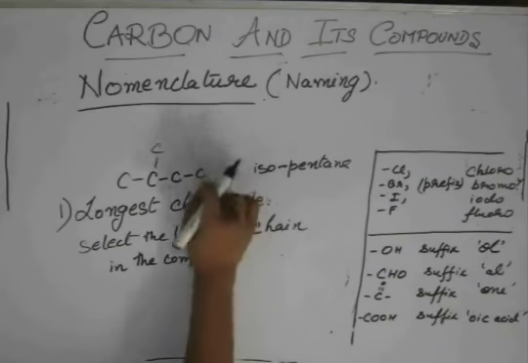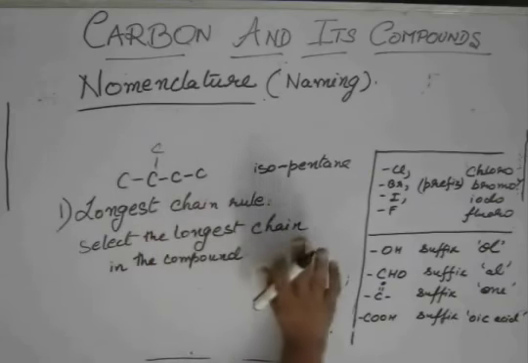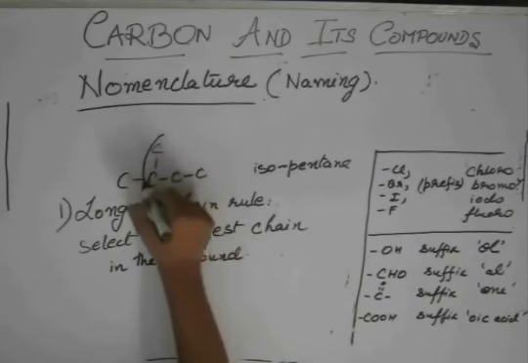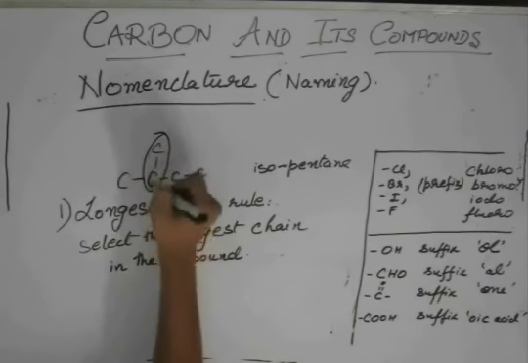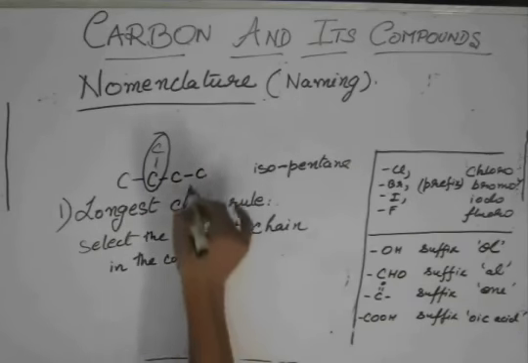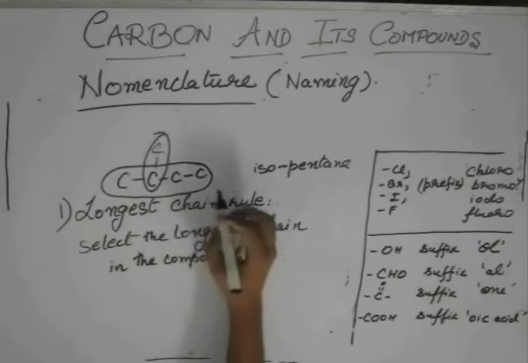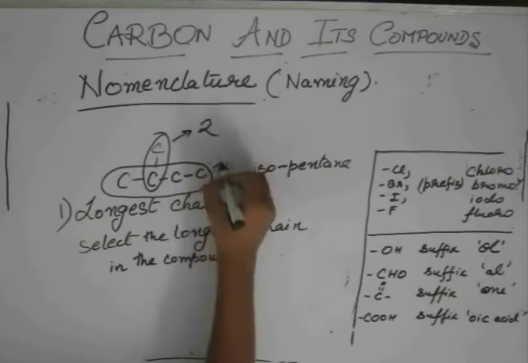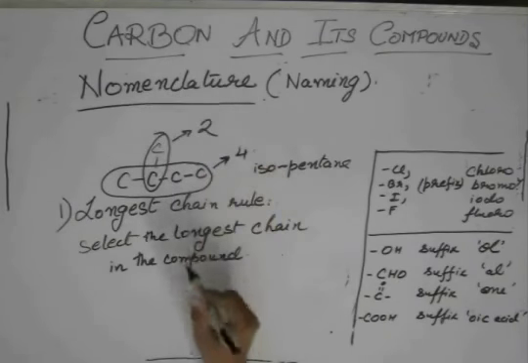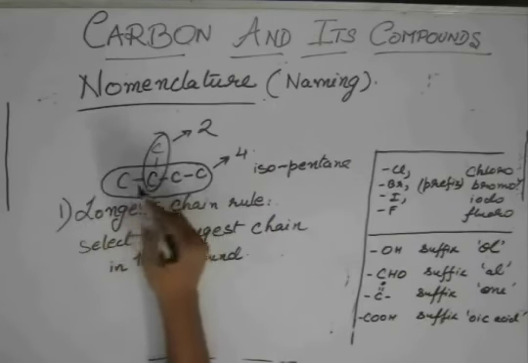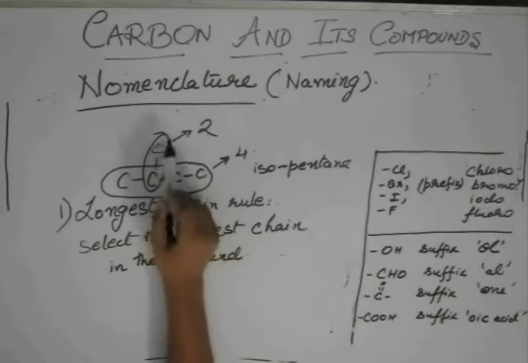So in this, what's the longest chain? Now, this is a chain of 2 carbon atoms, and you have this, a chain of 4 carbon atoms. So obviously this is longer. And you don't have any other chain, you have only one branching.